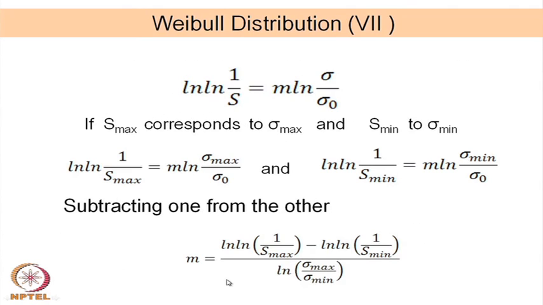Otherwise, there will be less probability of accuracy, and you have problems of designing a particular engineering component out of the ceramic materials, which we intend to do. Okay. So, that is the implications of Weibull modulus.